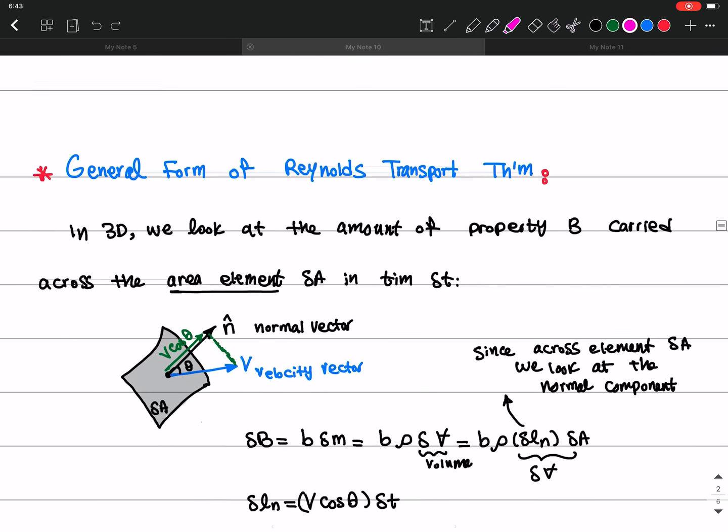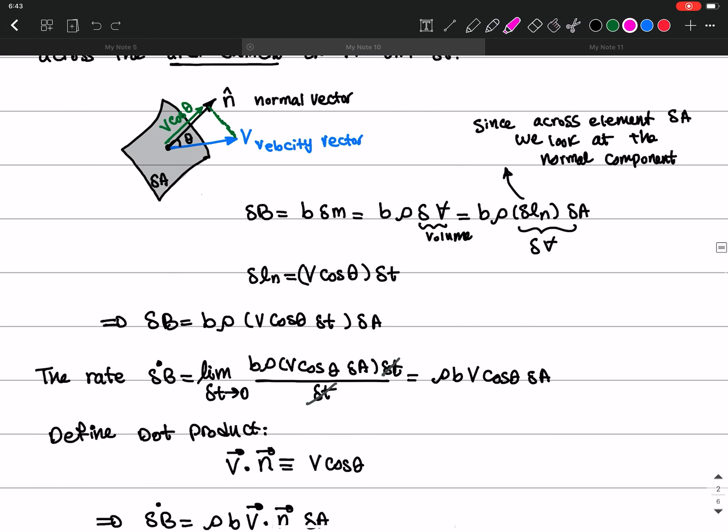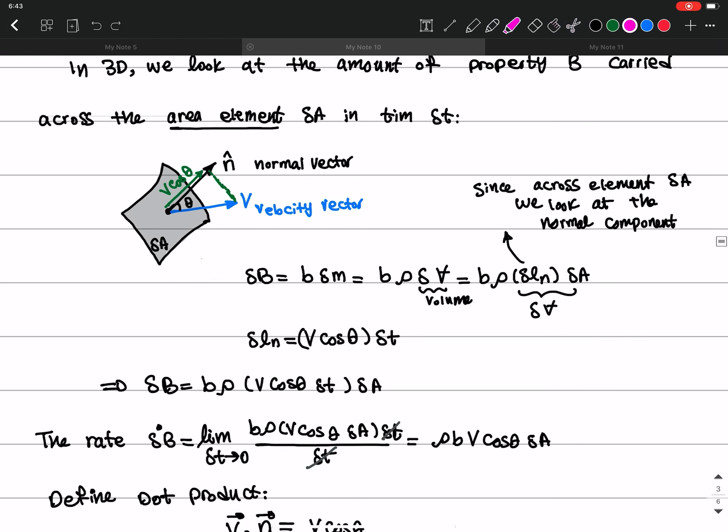And then we derived this for a three-dimensional case. For the three-dimensional case, the difference is we are going to define the normal vector over a surface, and then take the integrals over area elements.